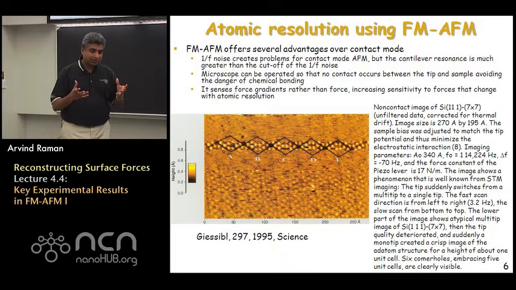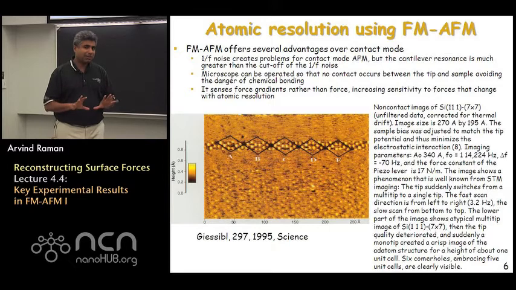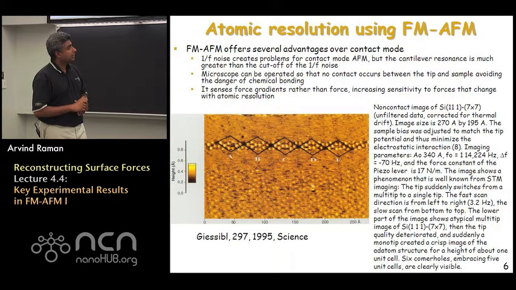Those few scan lines, maybe half a dozen, maybe 10, were just enough to map one unit cell of the silicon 111 surface. Very soon after that, going down the scan, the resolution was lost again. Then later, in the bottom half, one sees a very different structure. One sees some sort of periodicity, but one doesn't see single atoms as in that little band up there. So this was a pretty remarkable image.